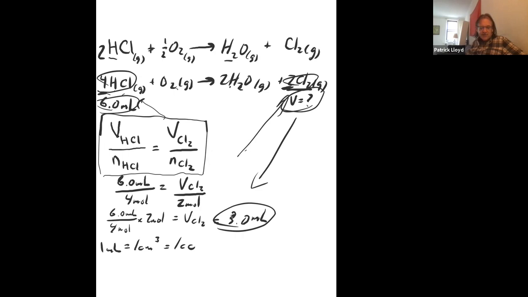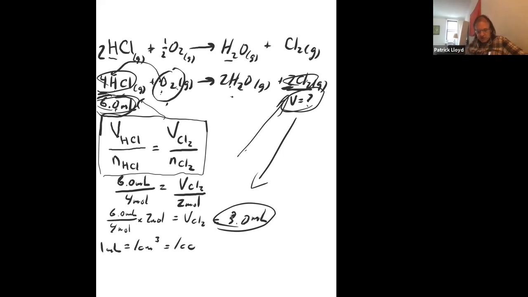We would say 6 milliliters of this is going to react with 1/4. So 6 milliliters of this, 1/4 would be 1.5 milliliters. So 6 milliliters of this will react with 1.5 milliliters of that to form 3 milliliters of that and 3 milliliters of that. So notice the volumes change, and that's kind of a cool thing about gases.